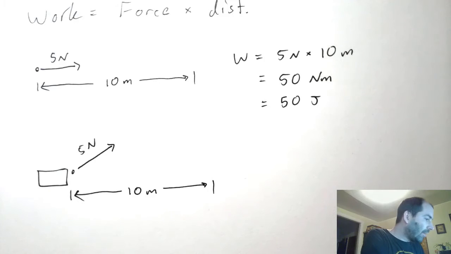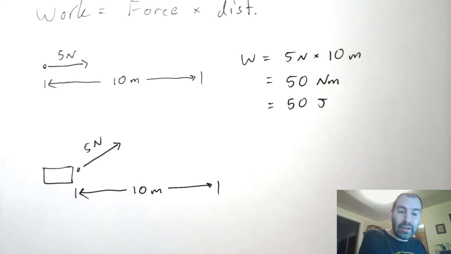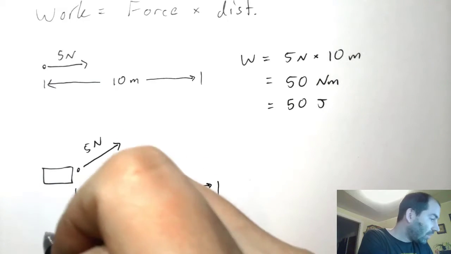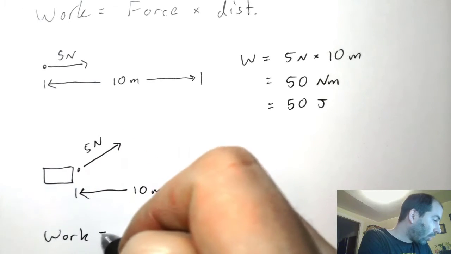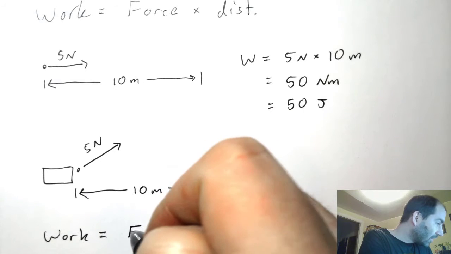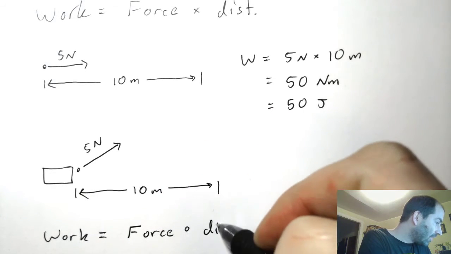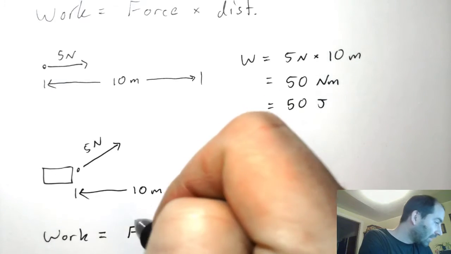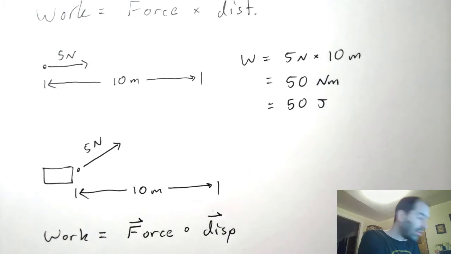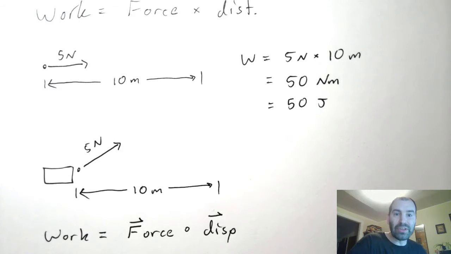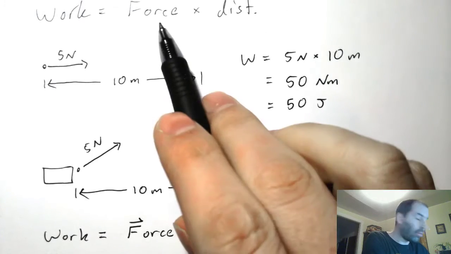Well, the way we do this in vector calculus is we use the formula: work is force dotted with the displacement vector. So it's a lot like what we talked about up here. Work is force times distance.